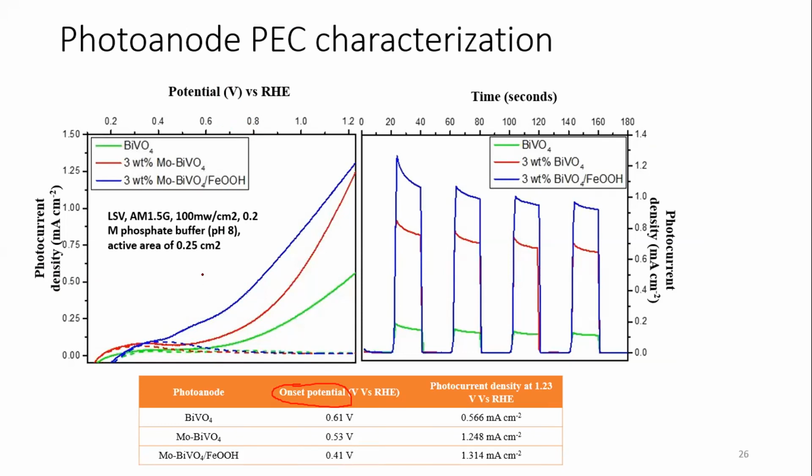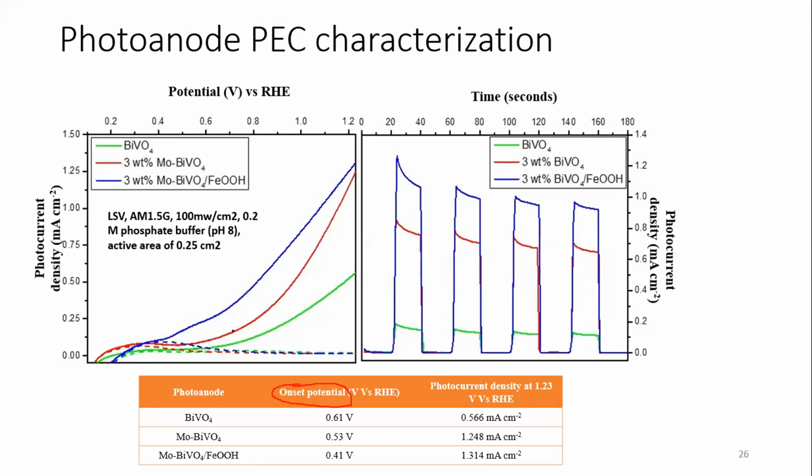If you look at the photocurrent results for this photoanode, for bismuth vanadium oxide the onset potential starts at 0.61, whereas if we dope the material with molybdenum, we improve the conductivity.